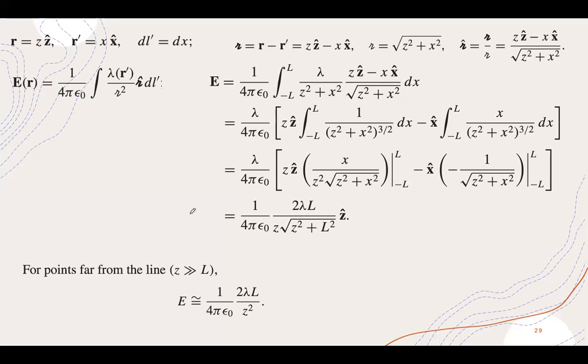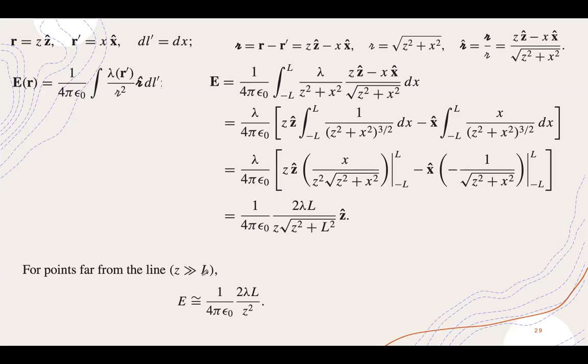All right, very good. As we discussed in the last examples, we always try to verify things in some limits. Let's suppose Z is very far from the line charge.